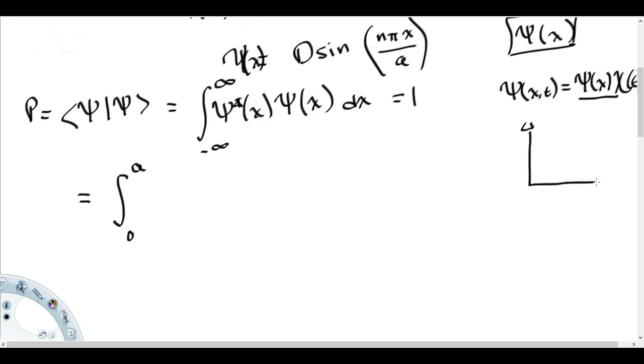I'll draw it here. So we have psi, which goes as n pi over x. It's 0 at the start, then it could take on this form and keep going back to 0. I guess this would be for the n equals 1 case.